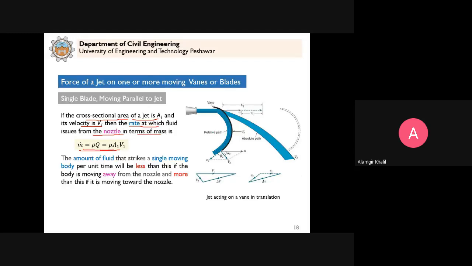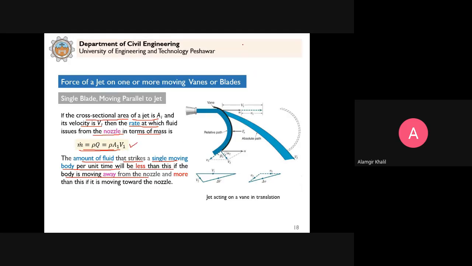But if the vane is in motion, the amount of fluid that strikes a single moving body per unit time will be less than this when the body is moving away from the nozzle.